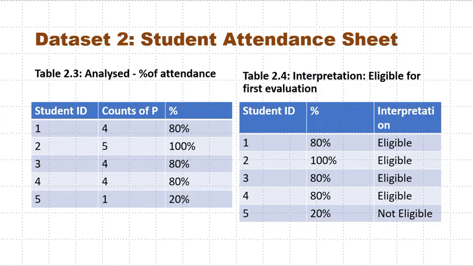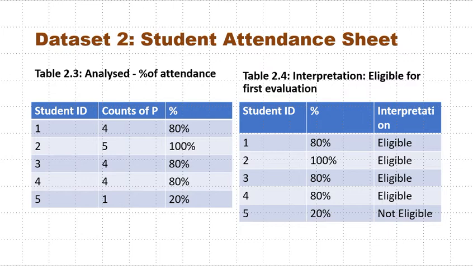Then in table 2.4, we try to tell you about the interpretation of our analysis. So suppose we want to make a criterion for eligibility into next week's class, and we say that if a person has an attendance of 50% and above, only then can the person take the class of next week.